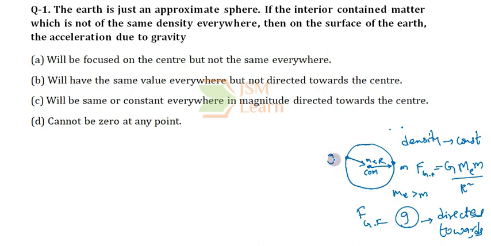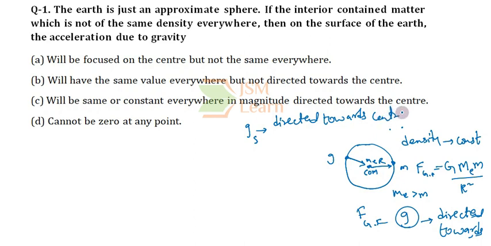So we conclude that the acceleration due to gravity at any point on the surface of the Earth is always directed towards the center.